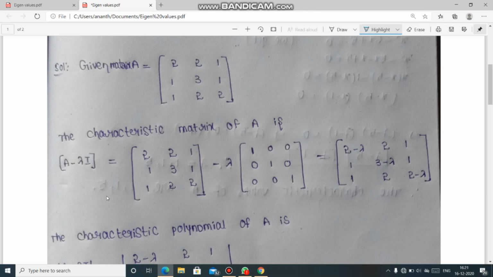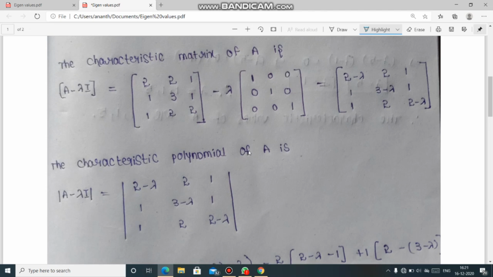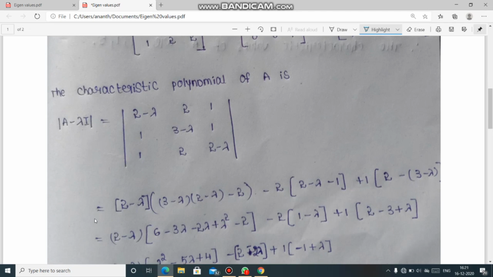Next, we have to find the characteristic polynomial of A. That is, the determinant of A minus lambda I is equal to the determinant of [2-λ 2 1; 1 3-λ 1; 1 2 2-λ].